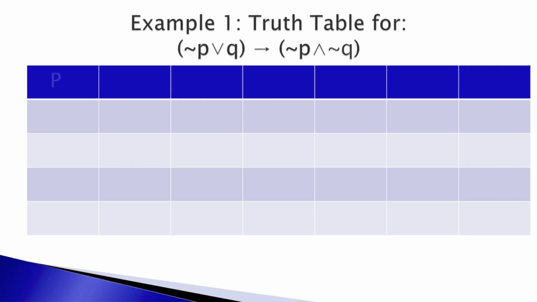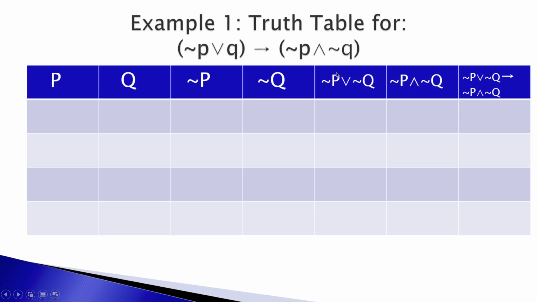We have P, we have Q, we have not P, not Q, not P or not Q, not P and not Q, and the total statement of not P or not Q implies not P and not Q. You'll notice that each value inside the parentheses gets its own column in the truth table.